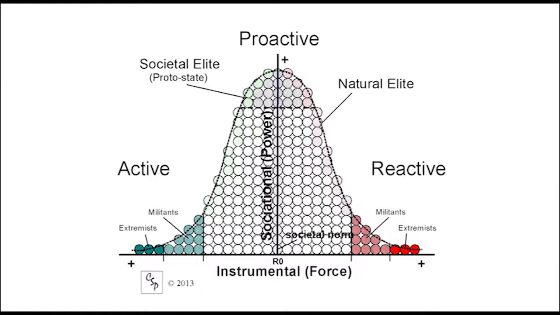So, looking at the individuals, each individual is now represented by a circle, and this circle is an actual person, and this person in any of these spaces within the social identity group has this combination of social action proclivities that can be measured according to a combined preference for sociational and instrumental strategies.